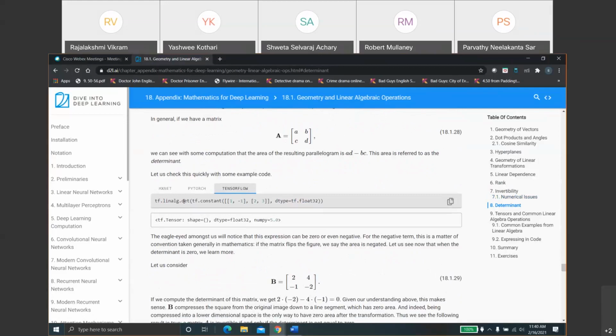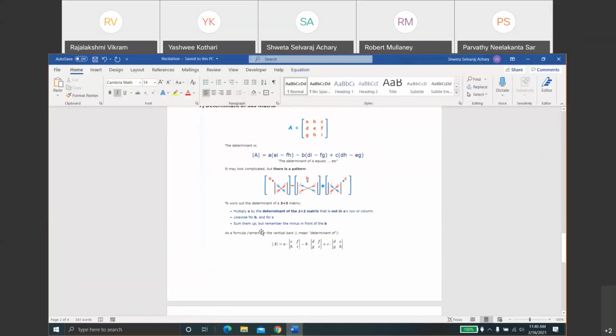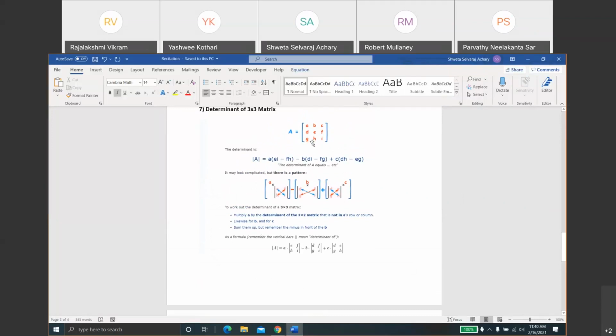Now, for a 3 cross 3 determinant, we'll just look how a 3 cross 3 determinant looks like. So the determinant for a 3 cross 3 matrix is A into the determinant of EFHI matrix minus B into the determinant of DFGH matrix plus C into the determinant of DEGH matrix.